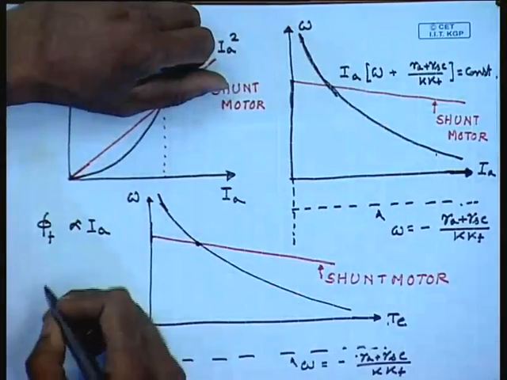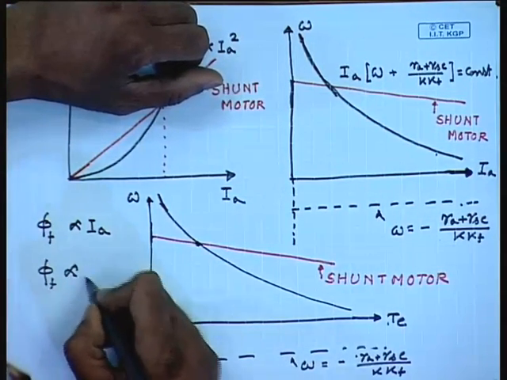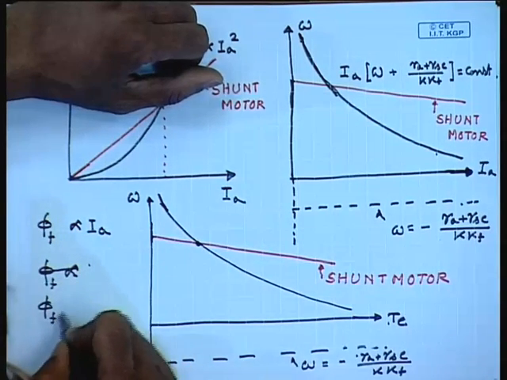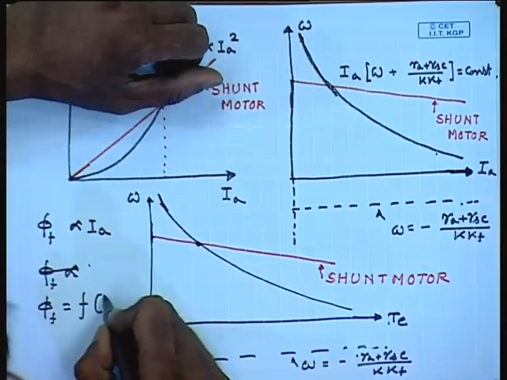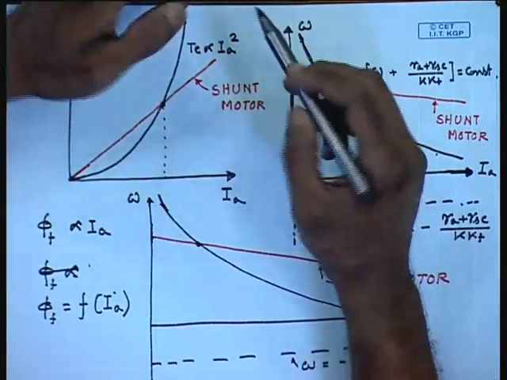So, normally phi f will be a nonlinear function of I_A and will tend to saturate for larger values of I_A.